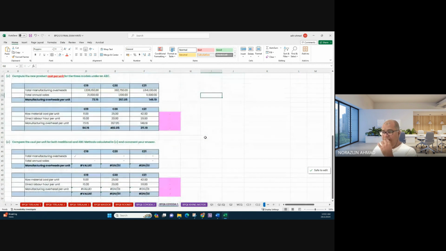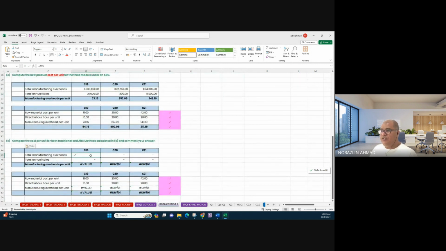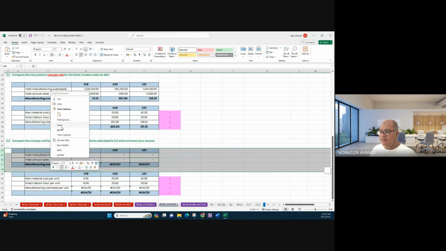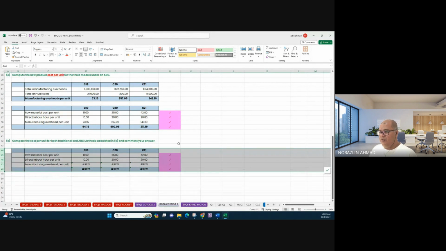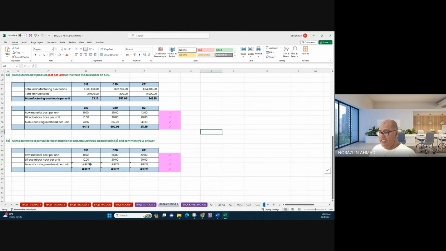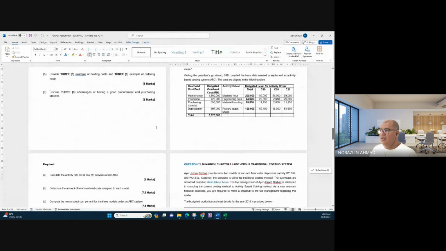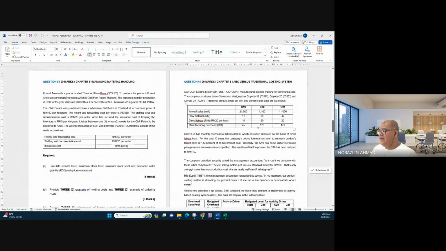Okay. How to compute the traditional method? The traditional one. Okay, let us do together. So this one we delete, because in the question it has already been given. The question gives you, in the question they stated 75, 170, 170.